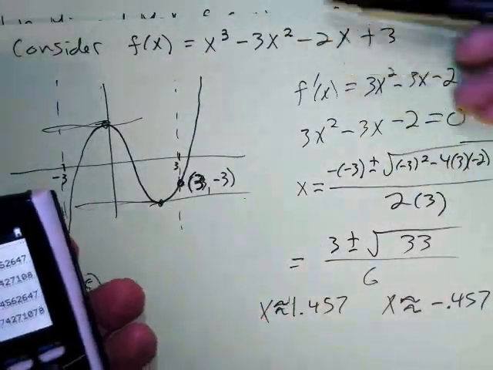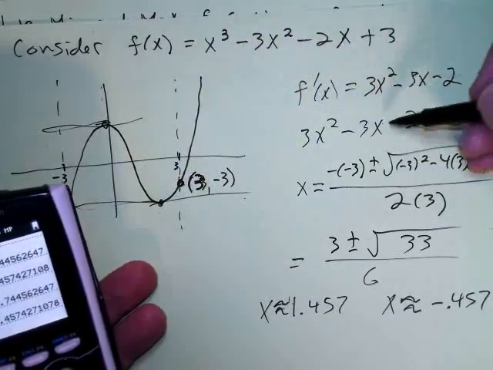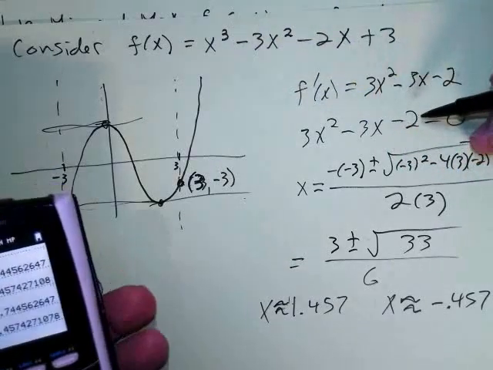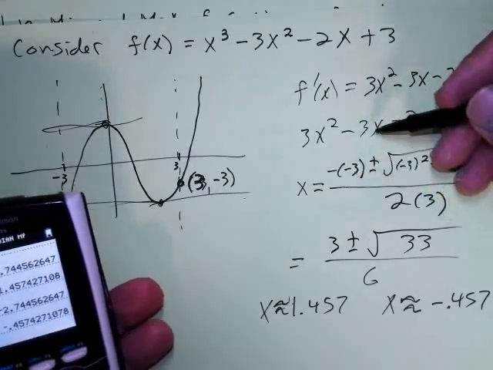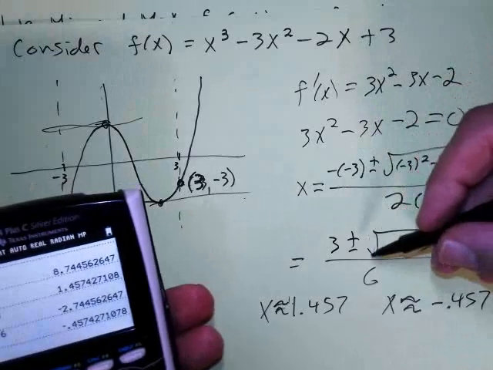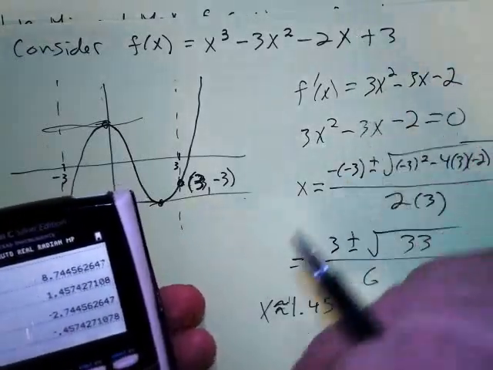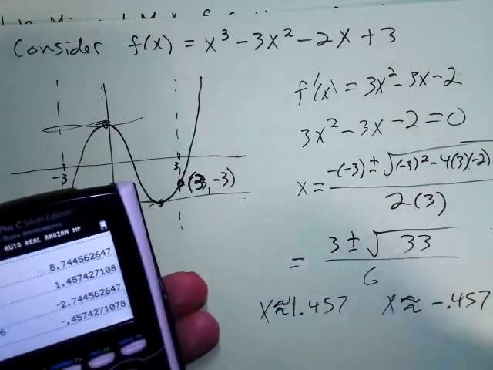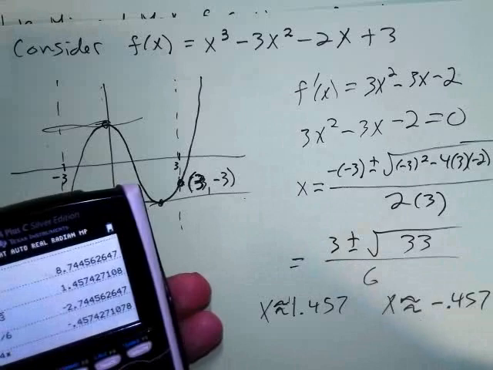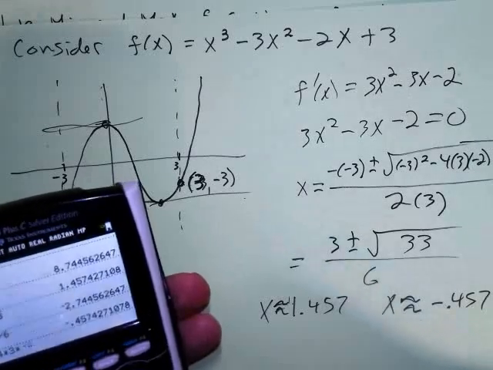Let me look here. First, take the derivative, minus 3, and then this is minus 2. So the opposite of b, which would be positive 3, plus or minus the square root of 9 minus 4 times 3 times negative 2.